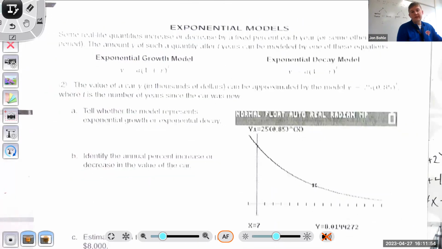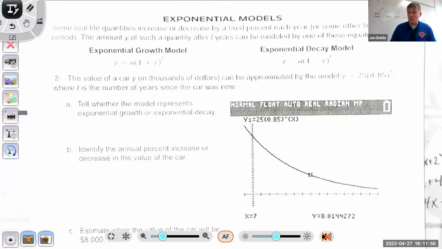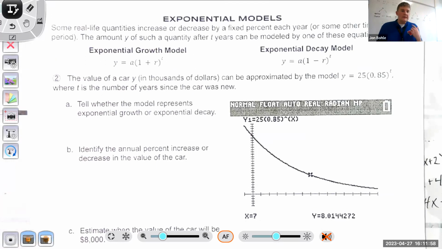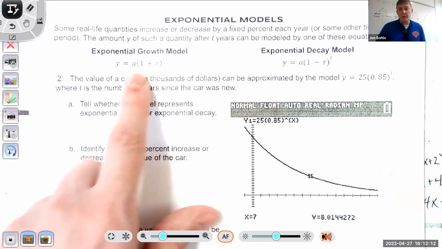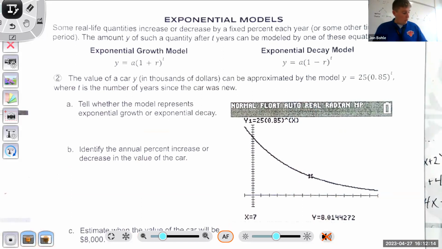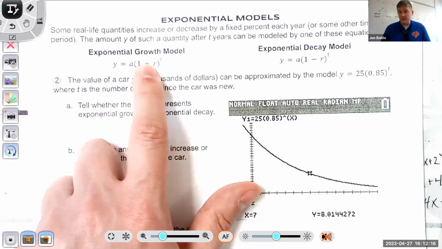Okay, so here is the first of 3 types of word problems that you're going to have. Some real quantities increase or decrease by a fixed percent each year or some other time period. The amount y of such a quantity after t years can be modeled through one of these 2 things. It's going to be either exponential growth or exponential decay, where 1 plus r is your b value.